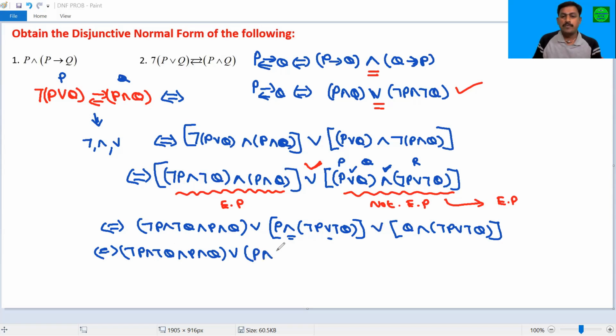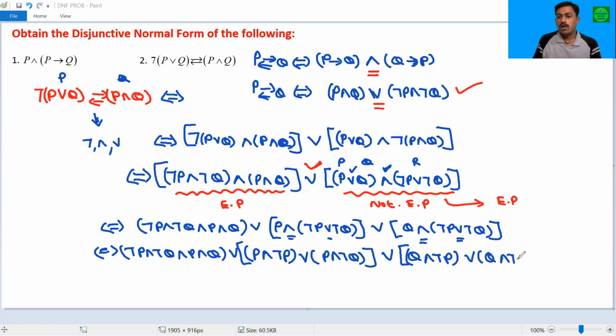P and not P or P and not Q. Maintain the bracket here, or here also these two are the different symbols. I'm going to apply the distributive law. Q and not P or Q and not Q.